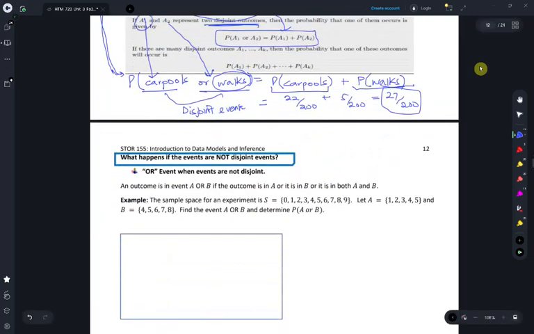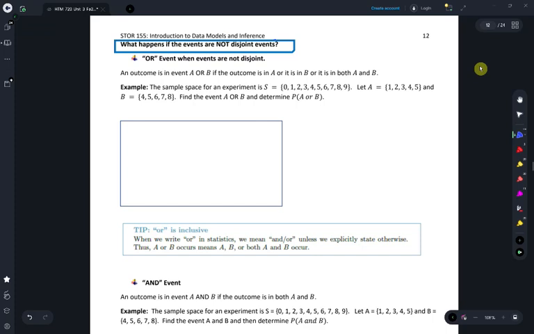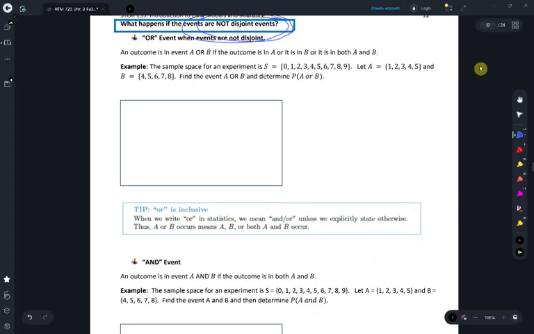All right, let us look at what happens if the events are not disjoint. What formula should we use, or what adaptation to that formula would be involved? Here is an example to gradually get us there. In this example, the sample space for an experiment is S equals 0, 1, 2, 3, up to 9. So I'm going to write that here.